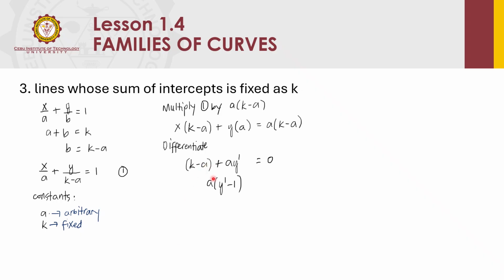So if we're going to factor out a, we have y prime minus 1 for the other factor. And then we have plus k plus 0. So if we're going to solve for a, it's negative k over y prime minus 1.